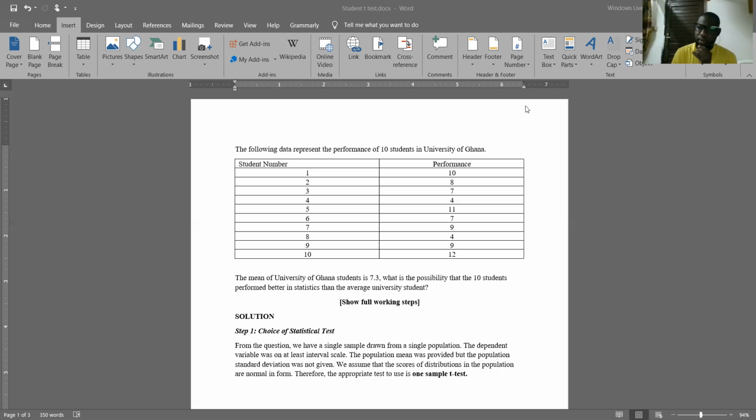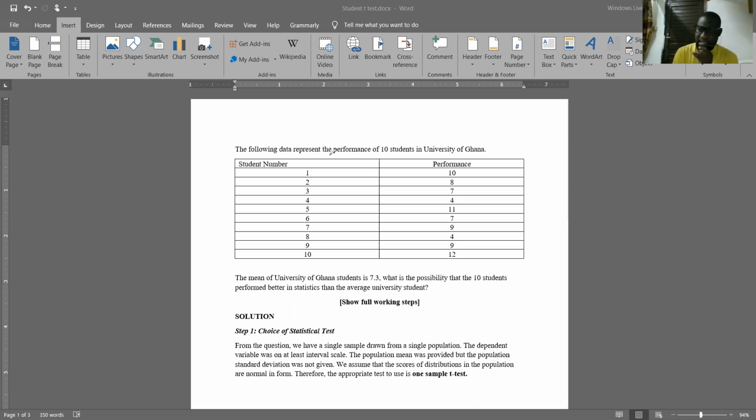So like this example that I've projected on your screen, you can see that there's a question and they've indicated that you're supposed to show full working steps, meaning that you are supposed to use the 6 steps to solve this question. When you read the first sentence, they are telling you the following data represents the performance of 10 students in University of Ghana.